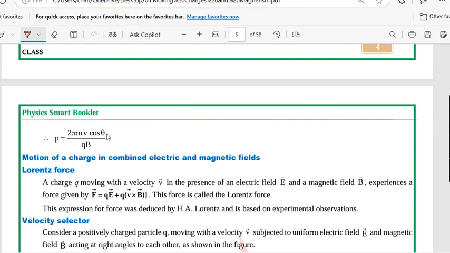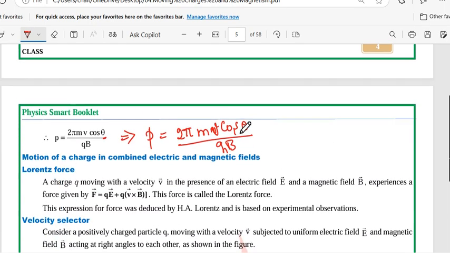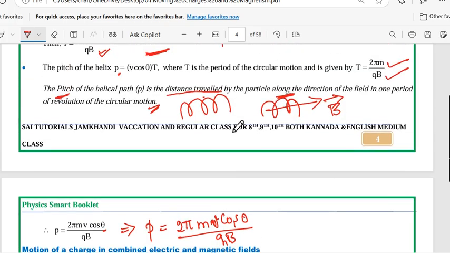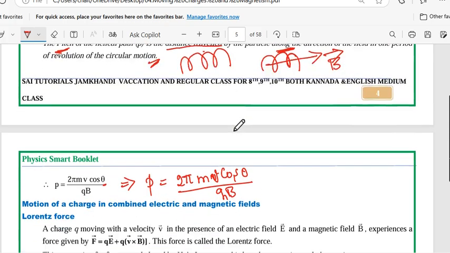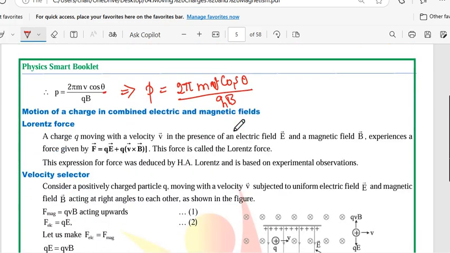It is along the direction of the magnetic field, that is the horizontal direction. We write it as p = 2 pi m v cos theta / qB, along the direction of the magnetic field. That's why it is cos theta, the horizontal component. So this is all about the pitch of the helical path.